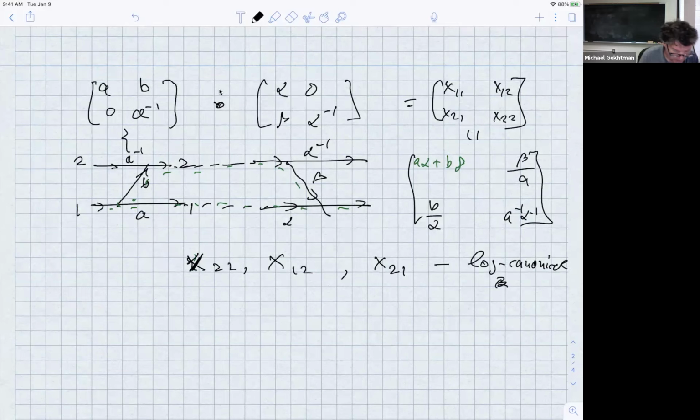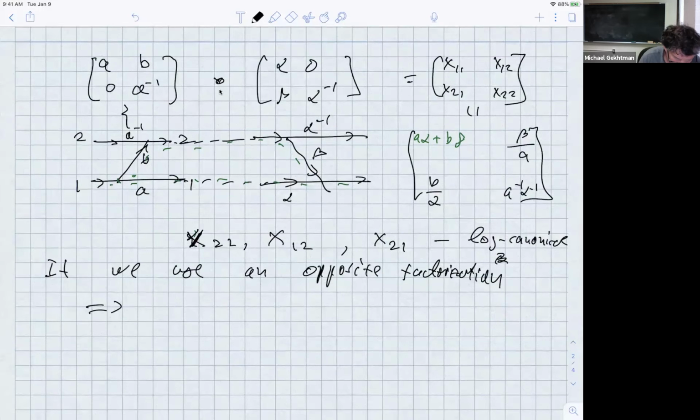But then if we use an opposite factorization, okay, then it is also easy to see that x11, x12, and x21 are log canonical.